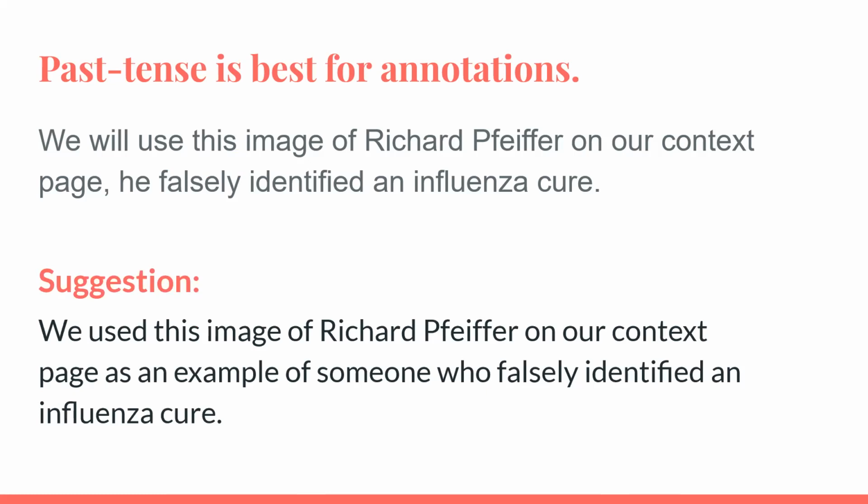So again, be more direct. We use this image of Richard Pfeiffer on our context page as an example of someone who falsely identified an influenza cure. So I'm saying what I learned from it and how I used it in my project. And again, I can do that in one sentence. I don't have to add two more sentences. Boom, I've got it done in one.